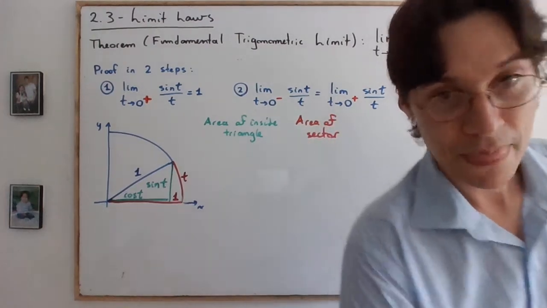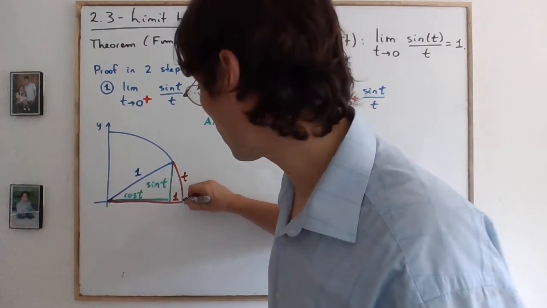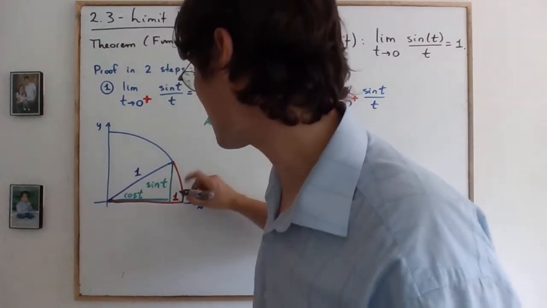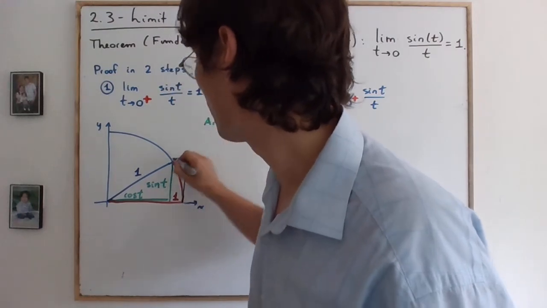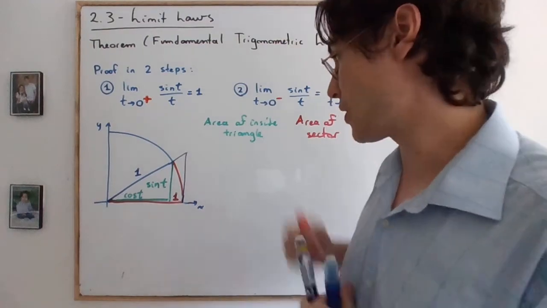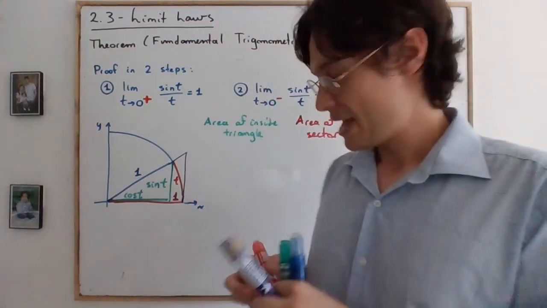And finally, we will draw a big triangle. We will take this side to be perpendicular, and we will extend the radius like this. We know that this angle is t.